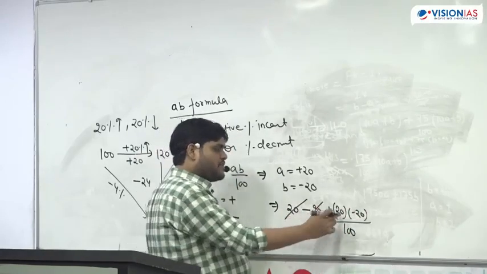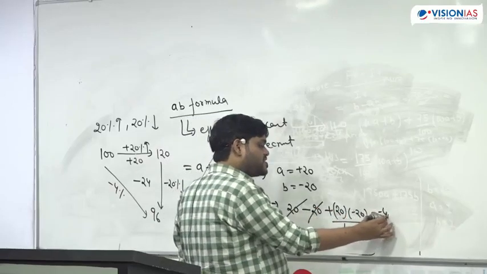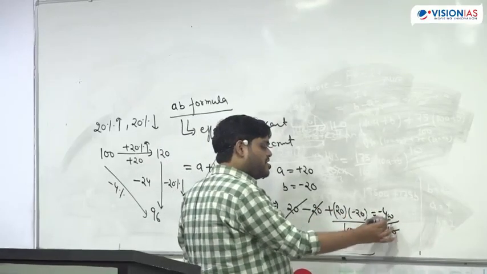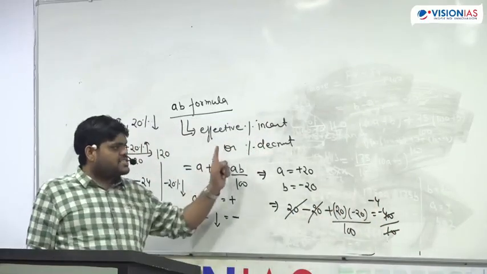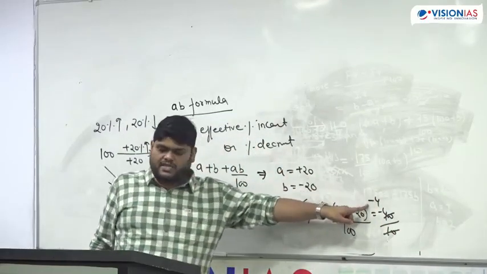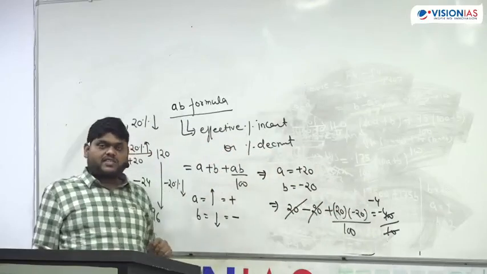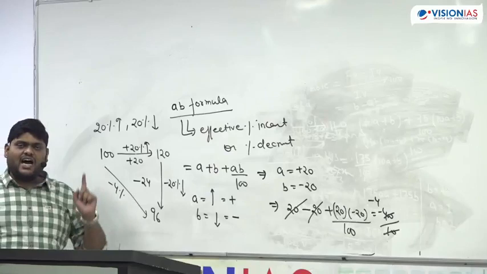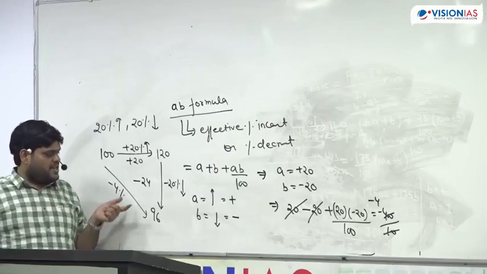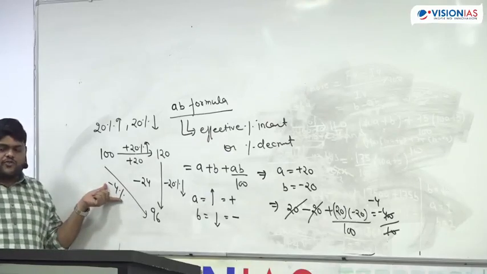This comes as minus 400 upon 100, that means minus 4, so the effective change is minus 4%. Minus 4% means there is a decrement of 4%, and this is what you got from the direct way also.